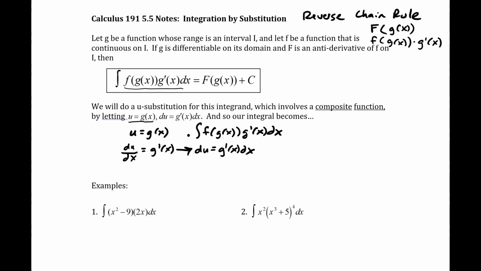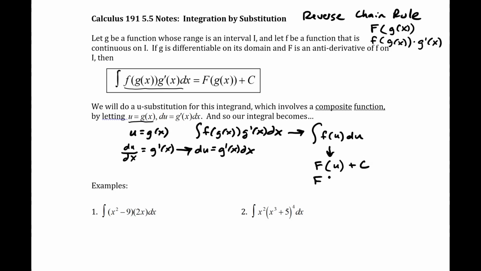So basically, this whole thing is going to convert into the integral of f of u du, and then you can actually integrate this. And so the process that we're going to go through is this u substitution process. When you integrate, you'll end up with capital F of u plus c, and that's when you're going to back substitute in what your u is actually equal to.